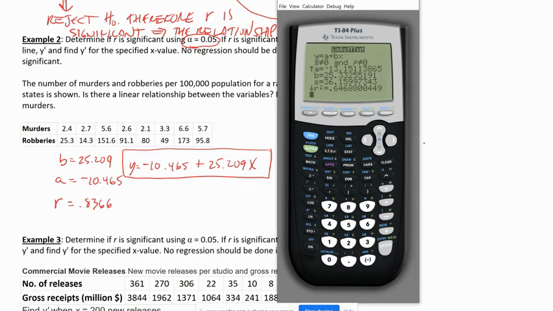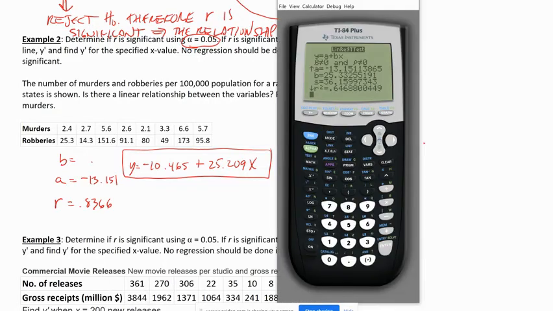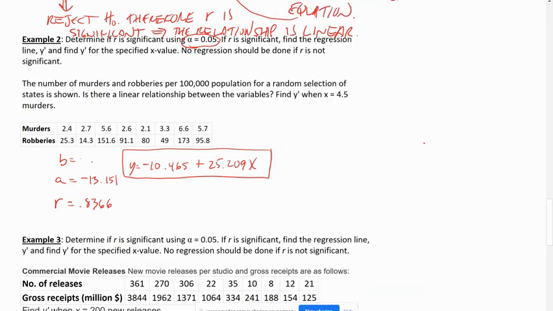Okay, so this time we got A is actually negative 13.15, which is what I got last time. So let's fix that. Negative 13.151. B this time turns out to be 25.333.